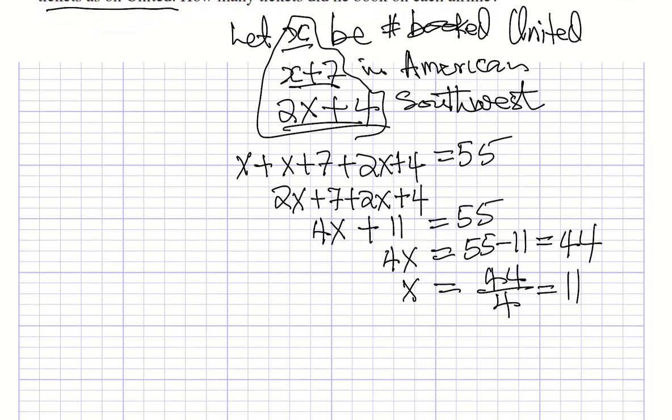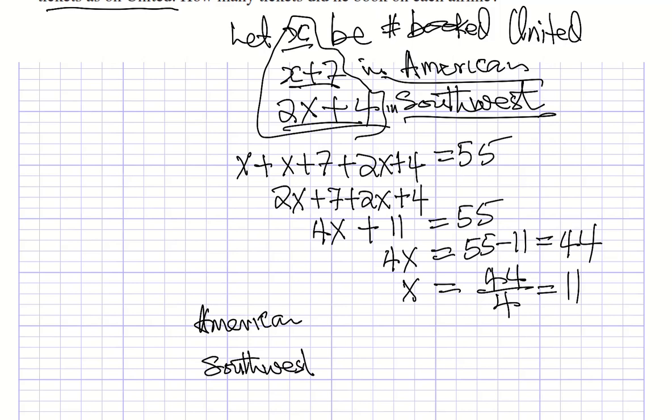If x is 11, then you walk backwards. This is Southwest. This is American. What he booked in American, what he booked in Southwest, okay? Just put enough information to understand what you're doing. What he booked in American is x plus 7, which is the same thing as 11 plus 7.